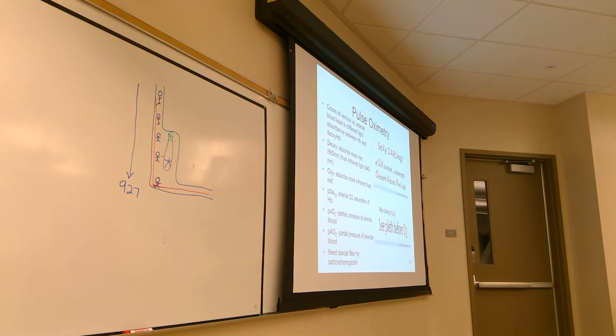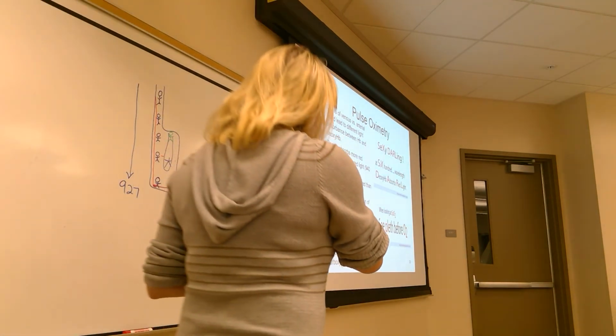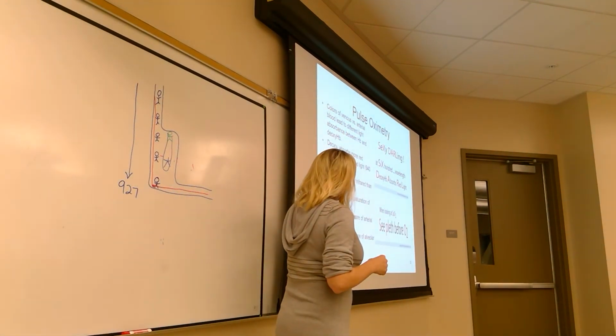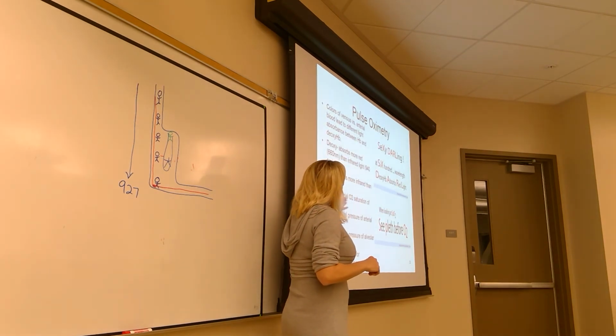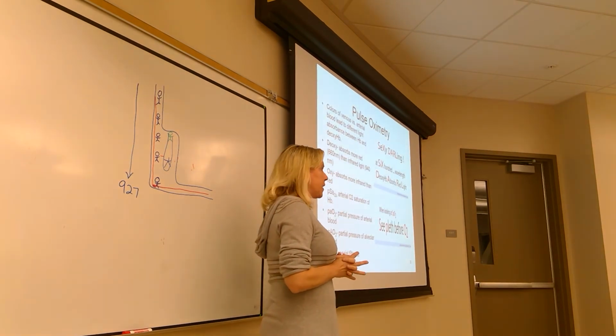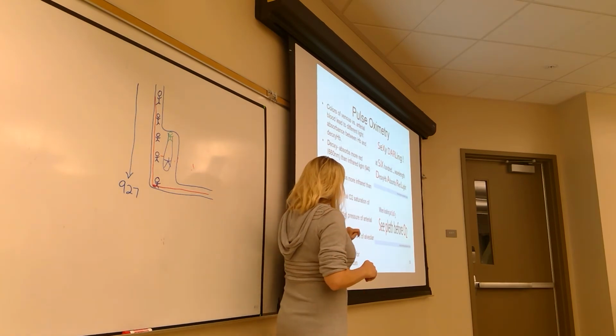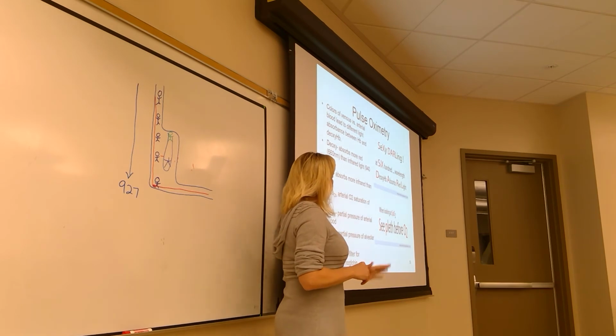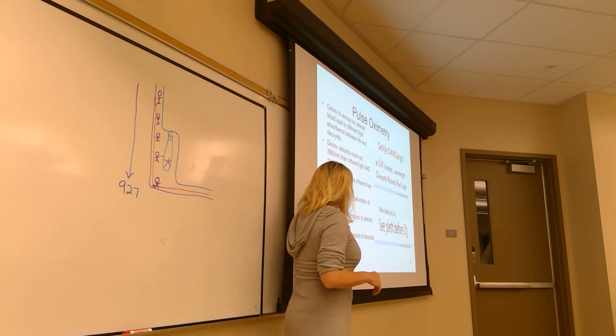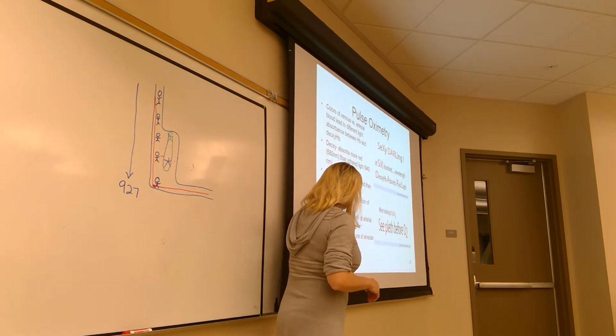Some terms that you might see in a book and certainly on the test: little p, capital S, a, O2, that stands for the O2 saturation in arterial blood. If you see little a, capital O2, that's the partial pressure of arterial blood of oxygen.